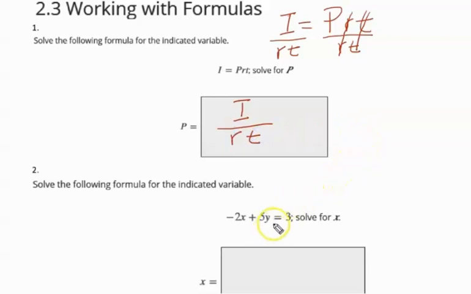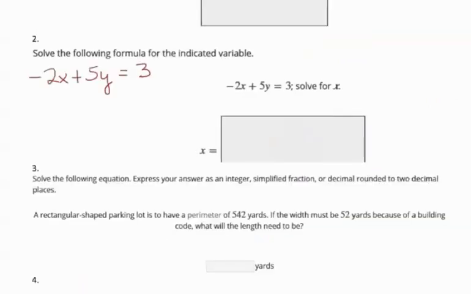Okay, let's have you work on this next one. Again, you want to solve for a positive x. Now, there's more than one way to solve, but I would suggest you take your negative 2x, because you want your x to be positive, and just move it over to this side where it becomes a positive.